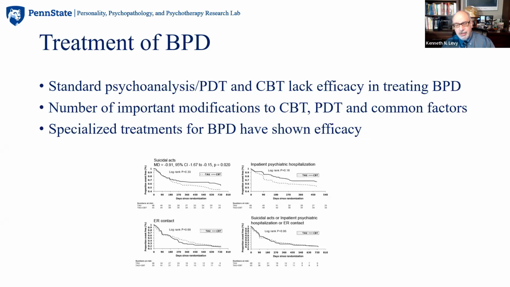There aren't necessarily direct comparisons for psychoanalysis or psychodynamic psychotherapy in general, but both Kernberg, who developed a dynamic therapy called transference-focused psychotherapy, which I'll talk about, and Linehan, who developed a cognitive behavioral variant called dialectical behavior therapy, both of them actually developed their specialized treatments as modified versions of psychodynamic therapy and CBT, respectively, noting that the pathology required modifications of technique.